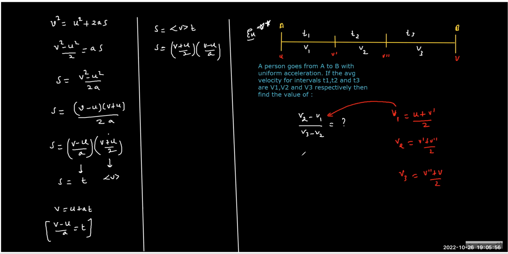So the answer is coming in terms of V and U. The answer will come eventually in terms of T1, T2, T3, something in terms of T only.